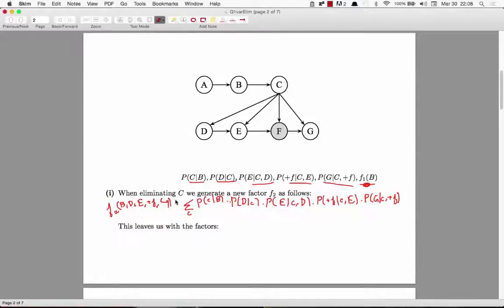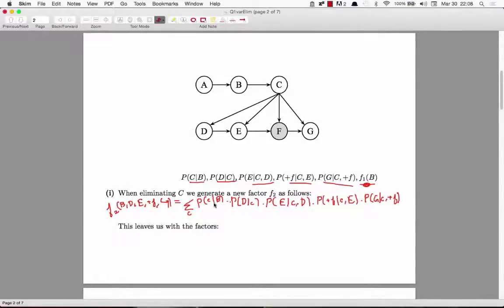Again, you could just think of this as first having joined all these factors together and then eliminated the variable c from the joined factor. This is just another way of mathematically writing and doing it. All of these factors that I've underlined, except for f1b, go away, and we get this one big factor, and f1b remains.